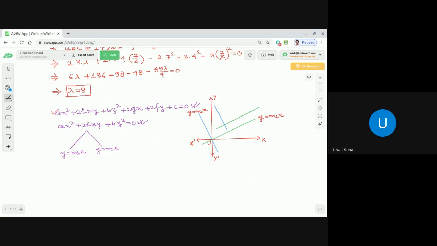So this is the joint representation of ax square plus 2hxy plus by square plus 2gx plus 2fy plus c.